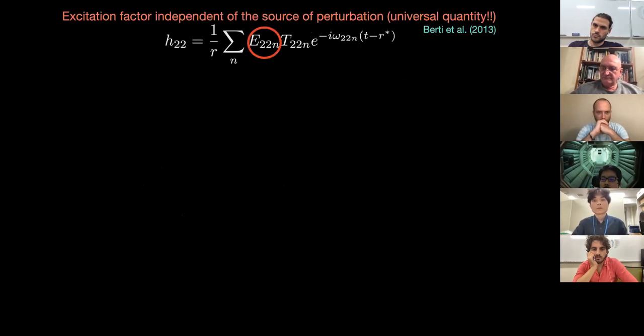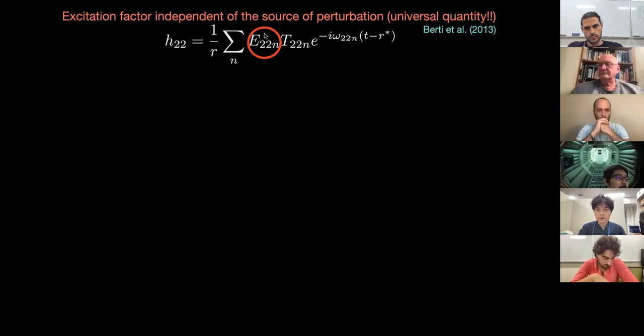Okay, so in summary, now if we look at the l equal m equal 2 mode, that is the most dominant harmonic in the ring down induced by the binary black hole merger, the amplitude for each quasinormal mode is determined by the product of two factors.